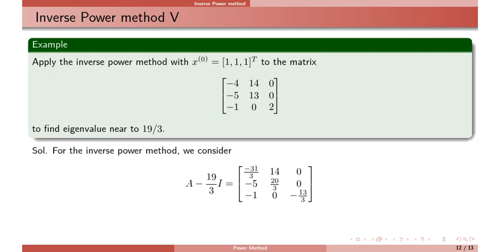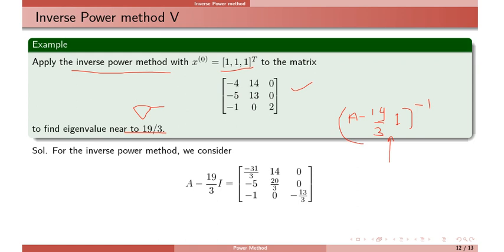Now I am taking one more, general example. Find the eigenvalue of this matrix near the number sigma equal to 19 by 3. What we will do is apply the power method on A minus 19 by 3 I. This will pick the largest eigenvalue of this matrix, and that eigenvalue will be related to the eigenvalue near 19 by 3.